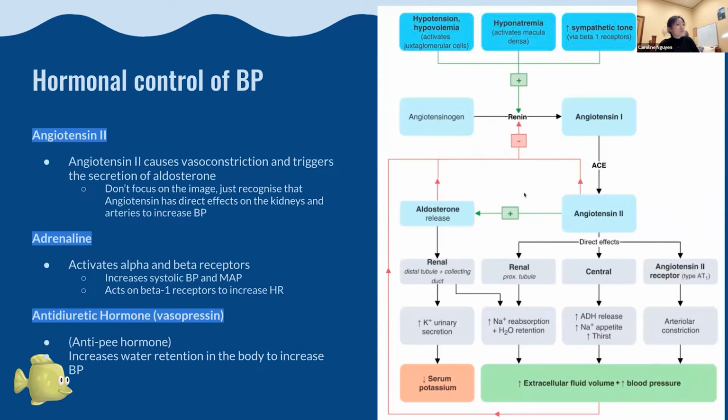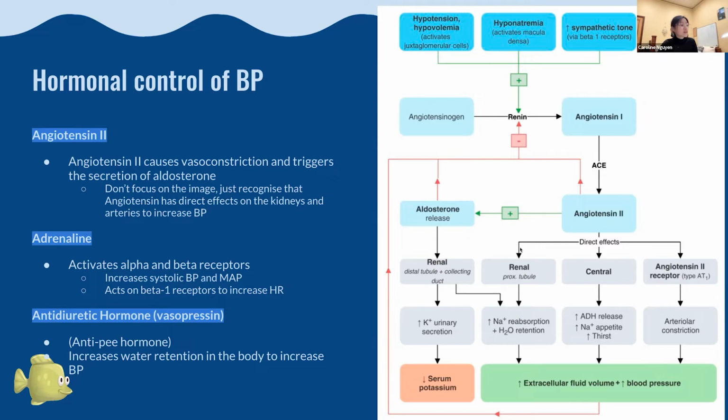Next, hormonal control of BP. You don't need to memorize too much of this, and you don't have to know the table yet. But a good thing to recognize is that angiotensin 2 has roles in the kidneys as well as the arteries to increase blood pressure.